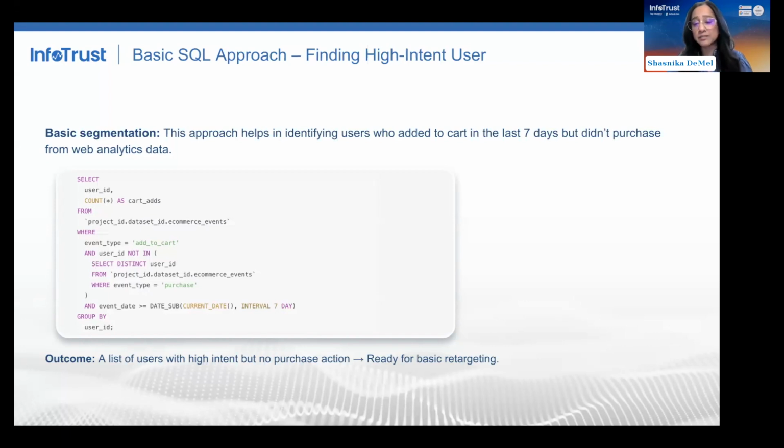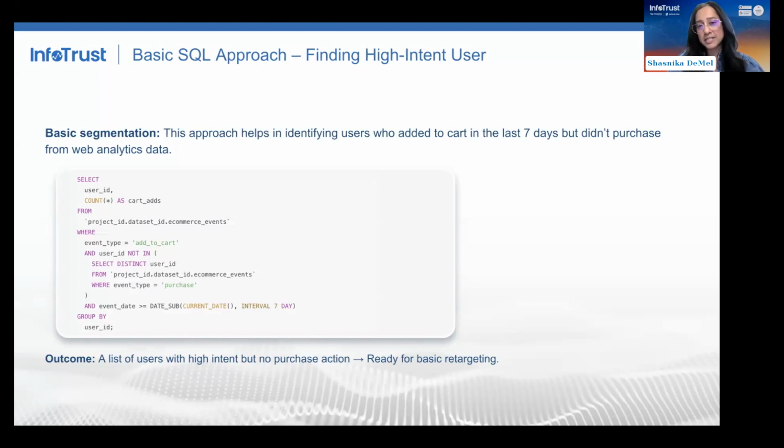However, this is only using a few data points, and it's only targeting customers who are already at the bottom of the purchase funnel. So you want to then start thinking about, is there a way to find customers earlier in the purchase funnel who have a higher intent to purchase?